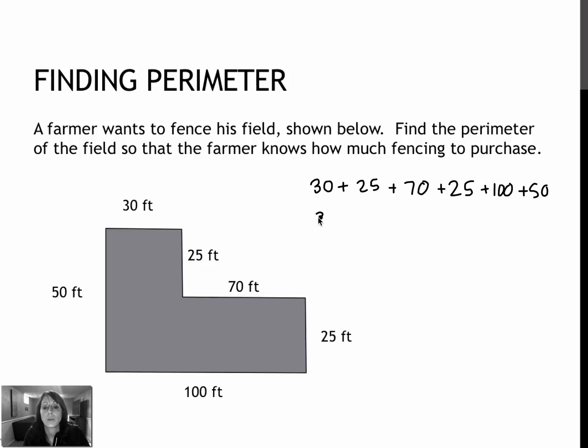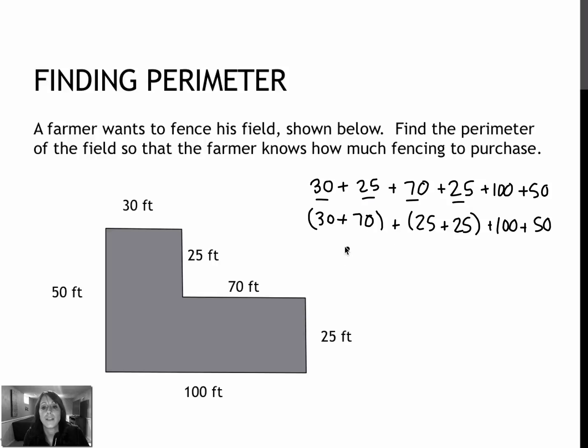So I might group the 30 and the 70 together, those two values. I might add the 25 and the 25 together, those two values, because those are easy to do mentally, and then add these two values at the end.